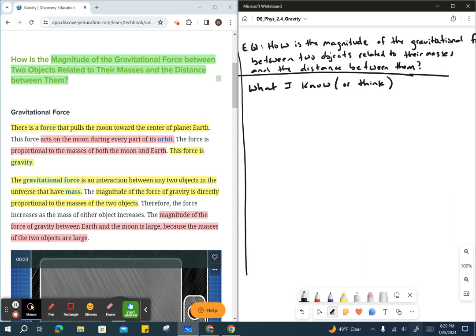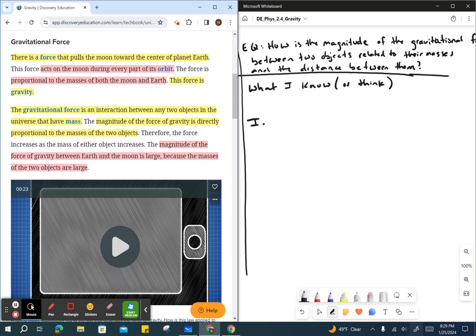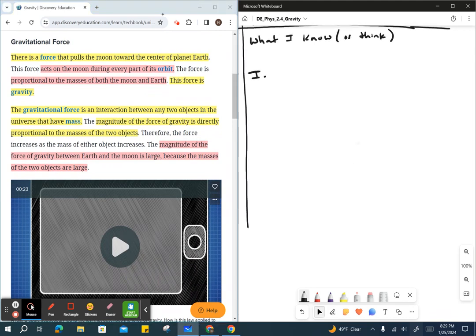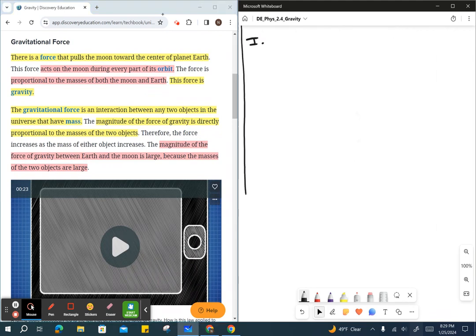Okay, I hope that you took care of that and got something down there. Let's start with Roman numeral 1. We're going to take this title, gravitational force, and use that as Roman numeral 1. There is a force that pulls the moon towards the center of planet Earth.